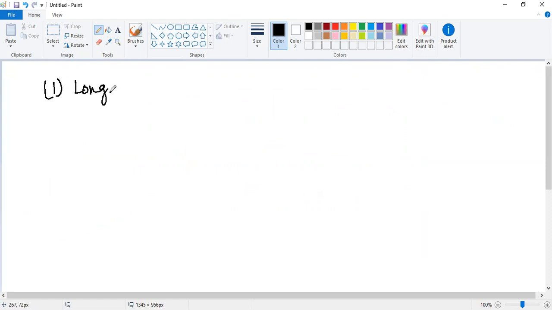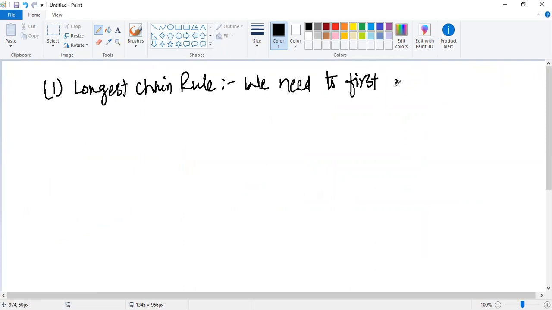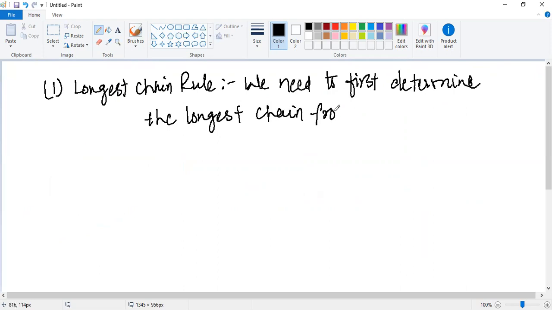The longest chain rule tells us that we need to first determine the longest chain of carbon from the compound.